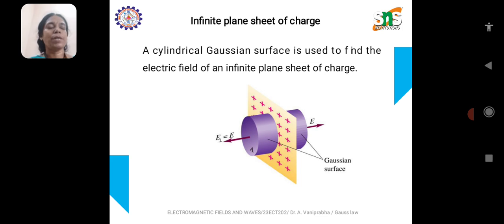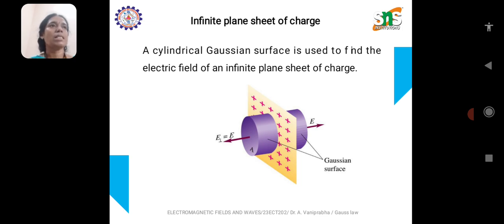See here in the picture, it is clearly represented that the Gaussian surface has been placed above and below the sheet, or the sheet is inserted between the Gaussian surface.